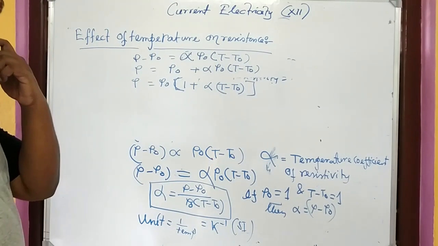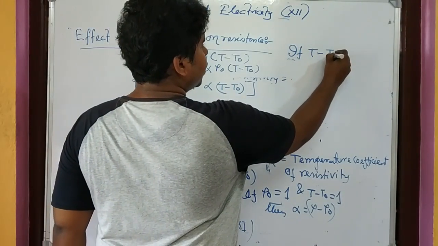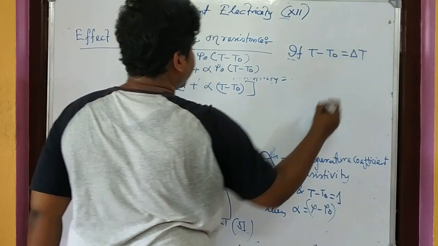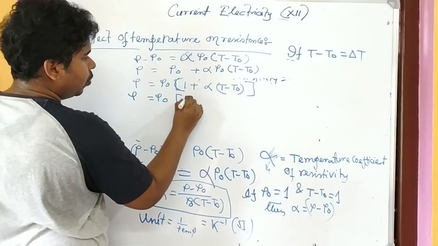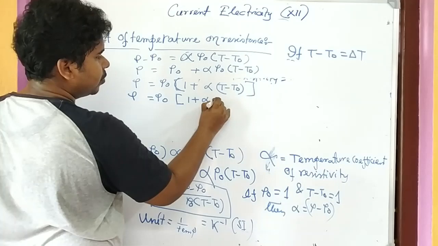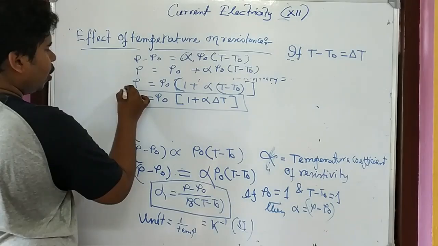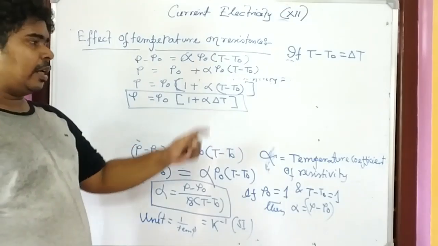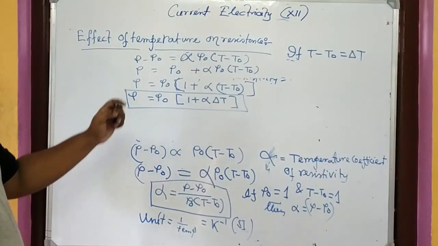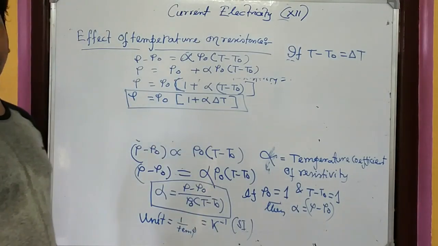If T minus T0 equals del T, then rho equals rho 0 into 1 plus alpha del T. That is the change of resistivity with temperature. If you increase the temperature by del T, then your resistivity will change this way.